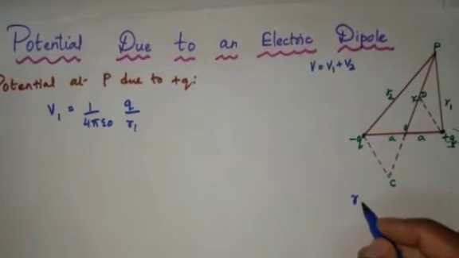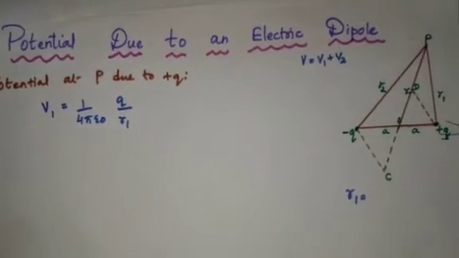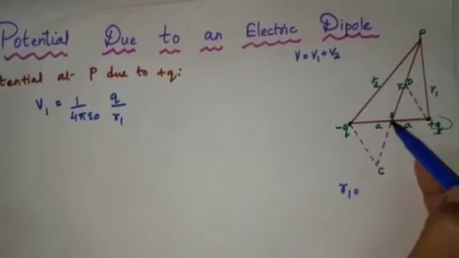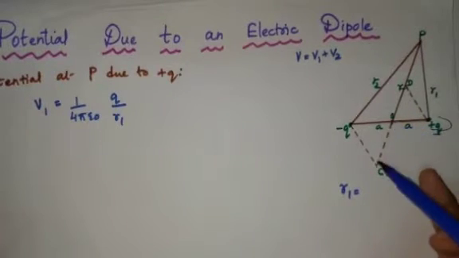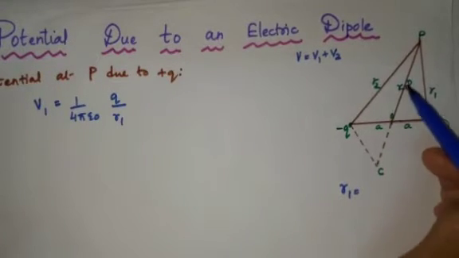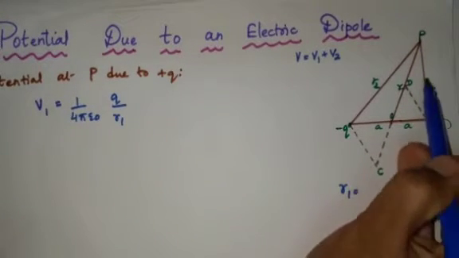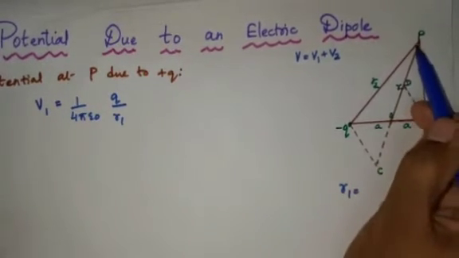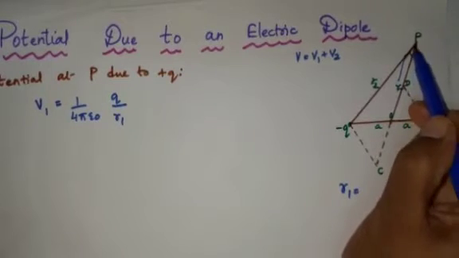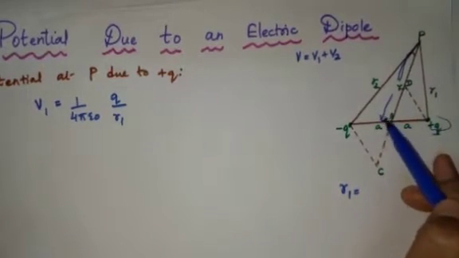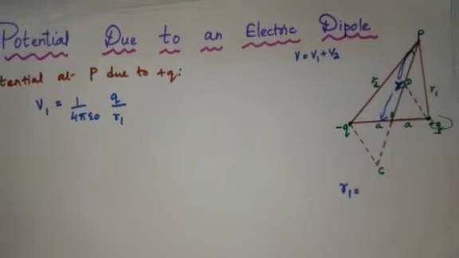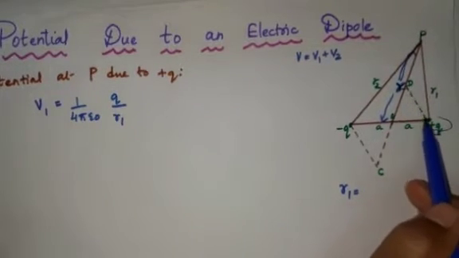r1 is OP minus OC, or OP minus OD. This total is r1, and this total from here till this point is r. This point we are taking as a cos theta.